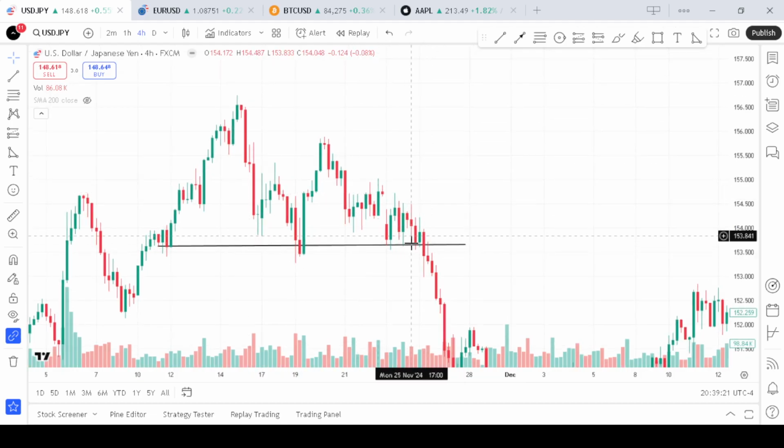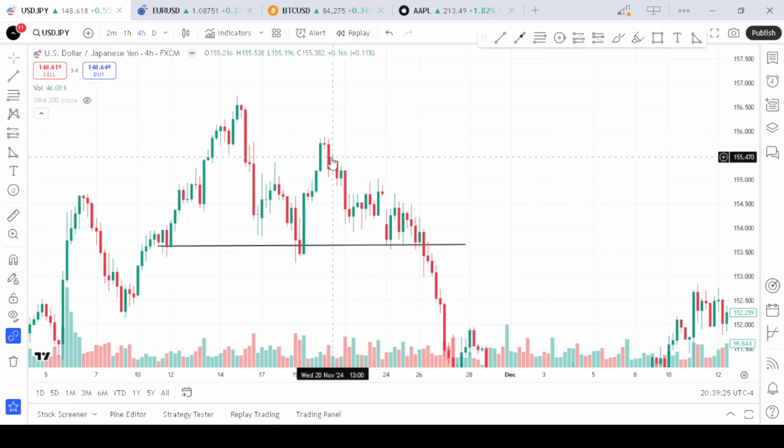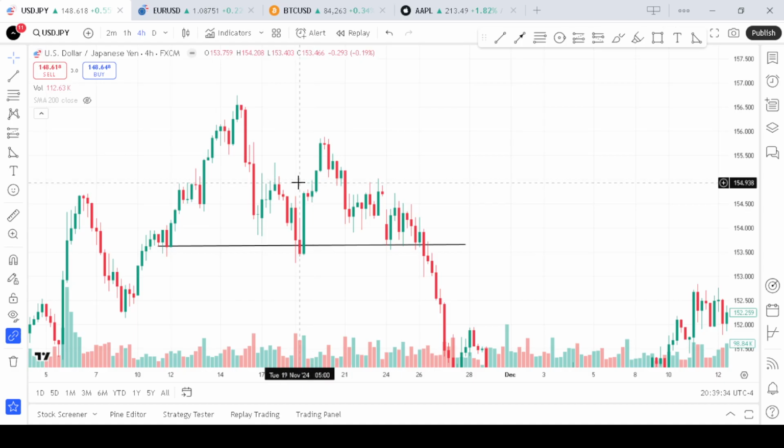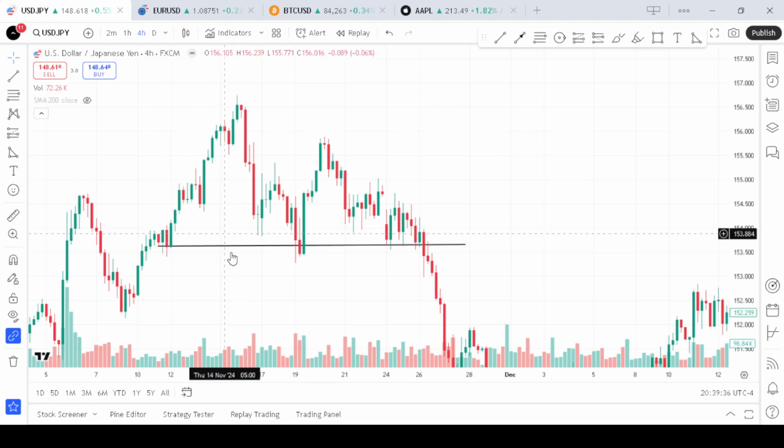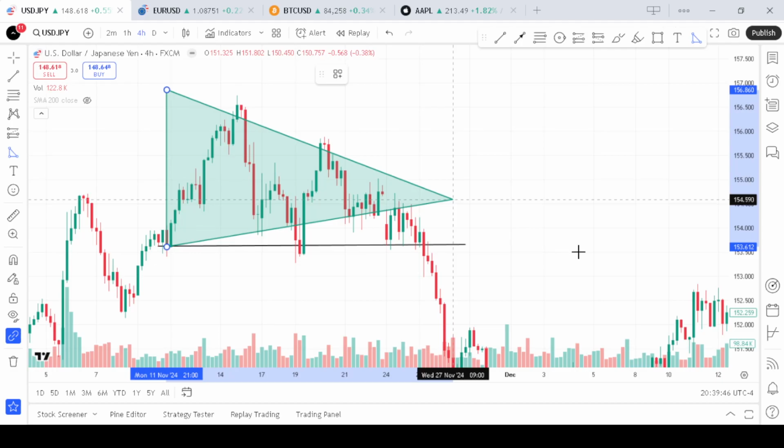While it was retesting this area, price was making a series of lower highs, indicating that sellers were increasing their domination, before eventually price broke out through the support line. And if we draw our triangle, you would see that this forms a descending triangle.